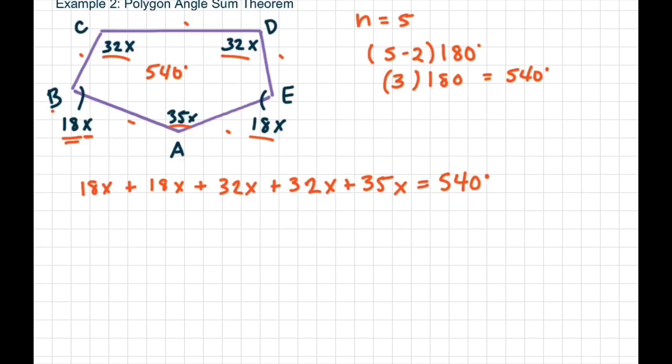So then what I'll do is I'll look here and I'll combine my like terms. So I can add all of those together because they all have the same exact variable. So I could say 18 plus 18 plus 32 plus 32 plus 35, and I get 135x.